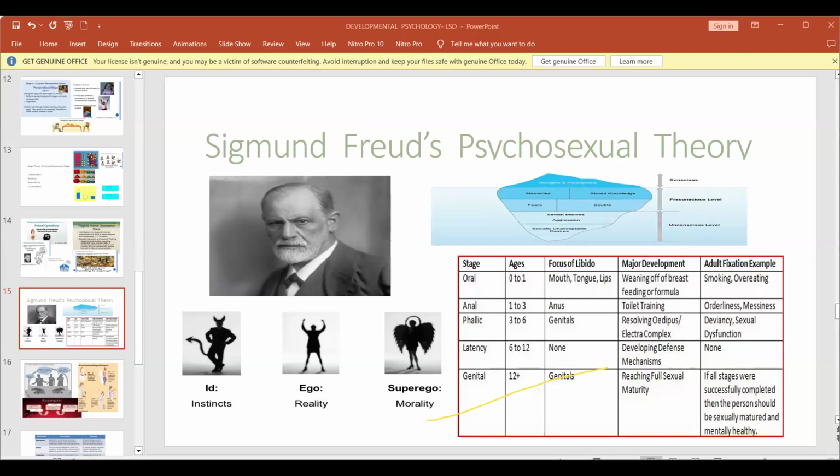But ego says, no, it's all right. They are natural feelings, and you have to wait till you get married and postpone it. That is ego. So ego balances out the personality. In a balanced personality, the ego component is the stronger component. That is about the components of personality: id, ego, superego.